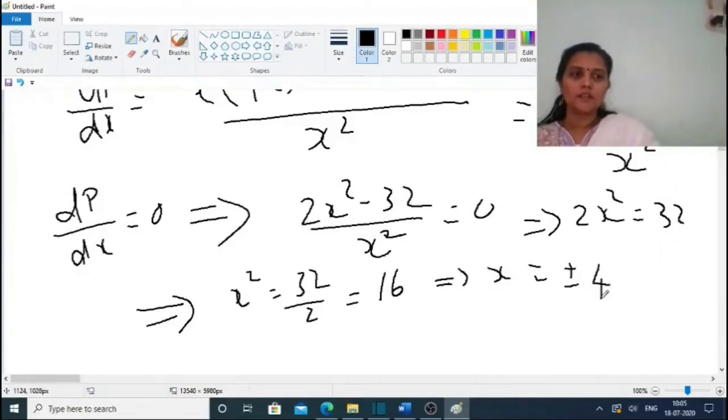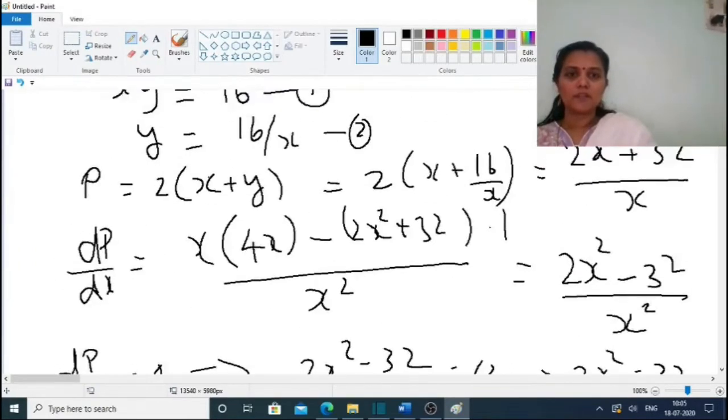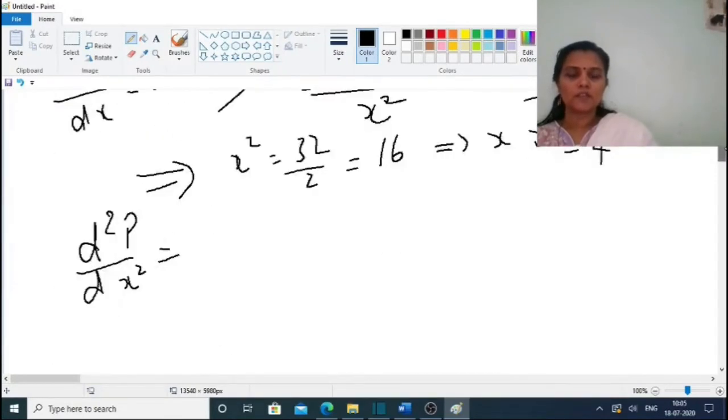Now we have to find d square p by dx square. So this is the derivative of 2x square minus 32 by x square, so this is x raised to 4.